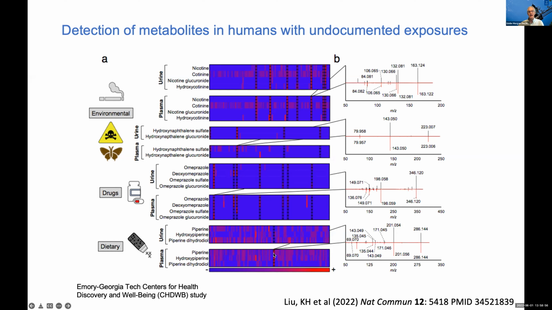We can identify several people who obviously have a higher level of exposure to this than others. But again, it is important to have the corroborating evidence of piperine metabolites, because piperine has the same molecular mass as morphine.